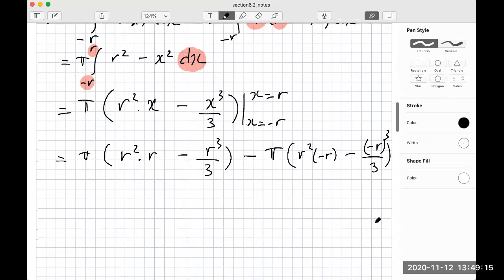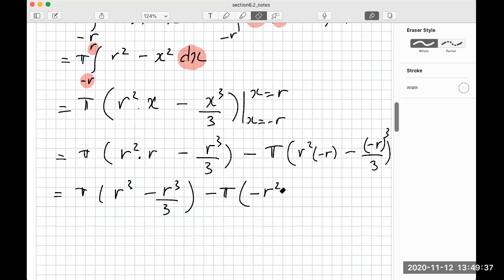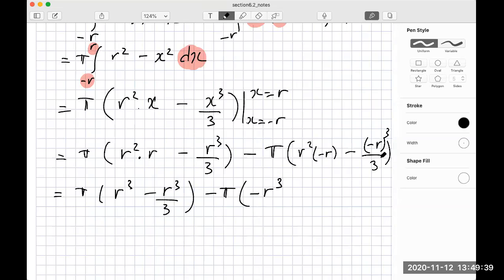Good job. So let us simplify it. This is pi, and here will be R cubed, minus R cubed over 3, right? This here will be pi, negative R cubed, and here R cubed over 3, okay?